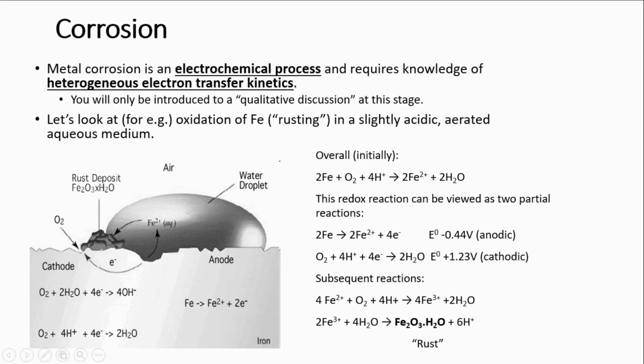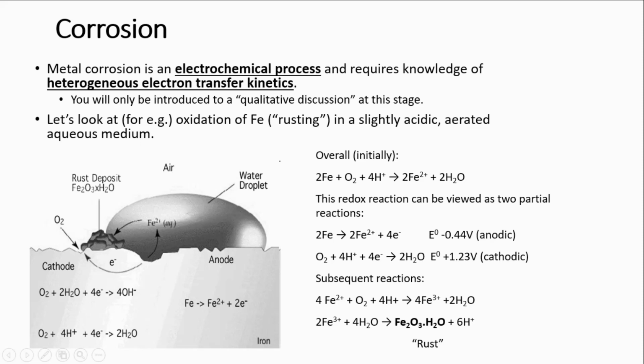Subsequent reactions will happen, of course, where you have iron 2. The subsequent reactions that will occur are where iron 2 will react with oxygen, allowing conversion to iron 3 plus, in the presence of water.